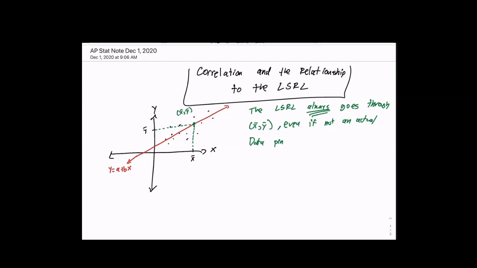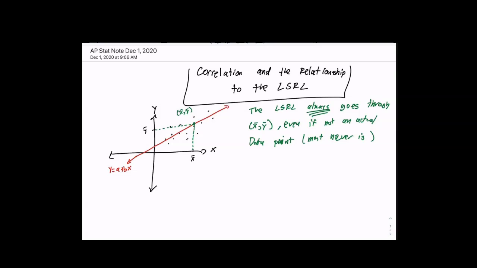And in reality, it mostly never is. In other words, the mean is not technically a data point, but if there's one point that the least squares regression line must go through, it is the mean of x's and the mean of y's.